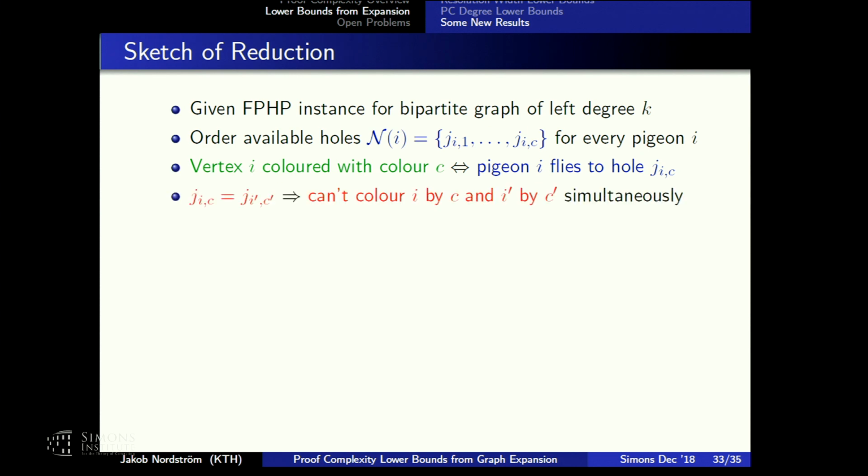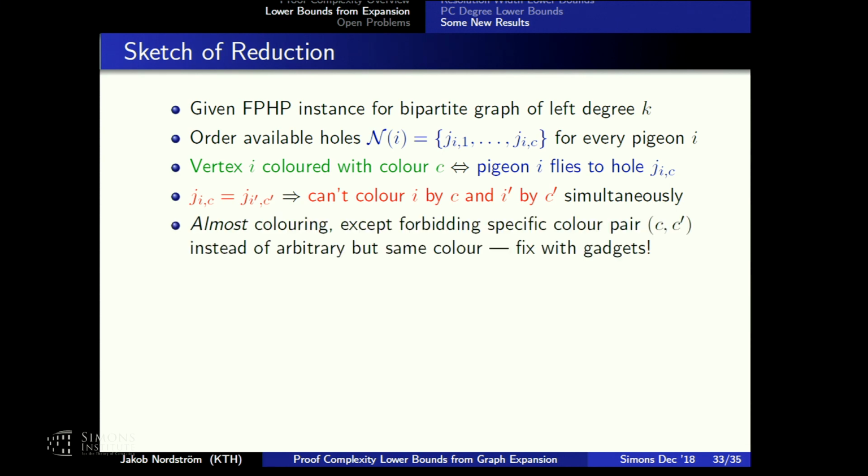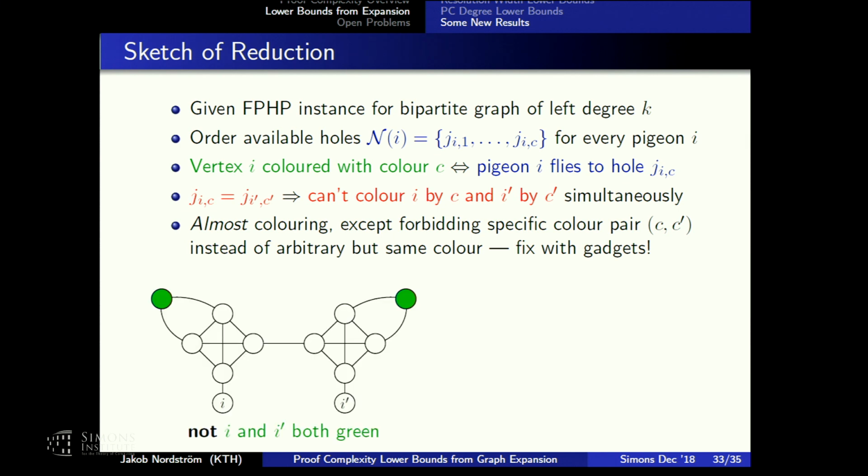Now if pigeon i cannot take edge c, and pigeon i prime cannot take edge c prime simultaneously because they would end up in the same hole, then we think of this as, you can't color i by c and i prime by c prime simultaneously. So this is kind of coloring, but it's not coloring. It's coloring-ish. And what we'll do is build a gadget to make it into coloring.